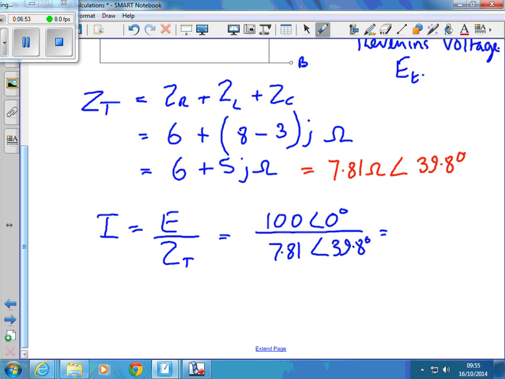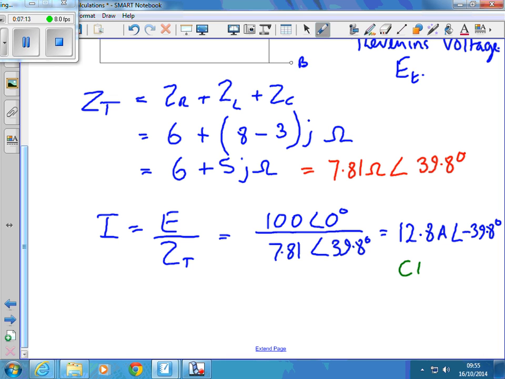Take the angles away. So the result is, Jack, yep.